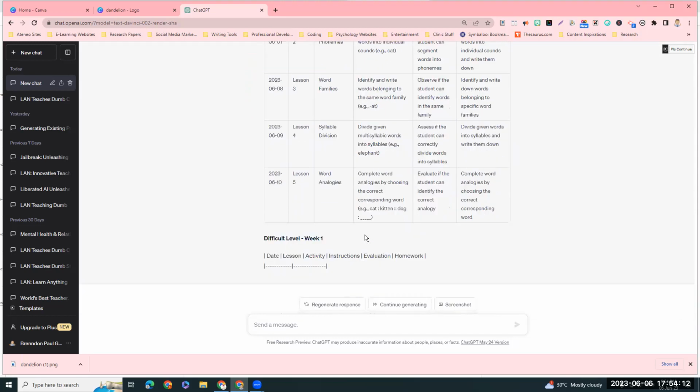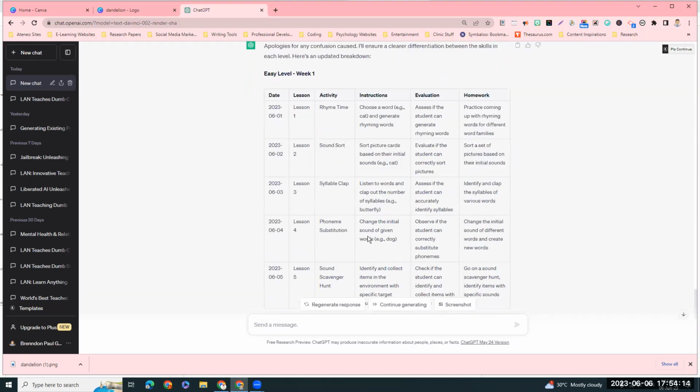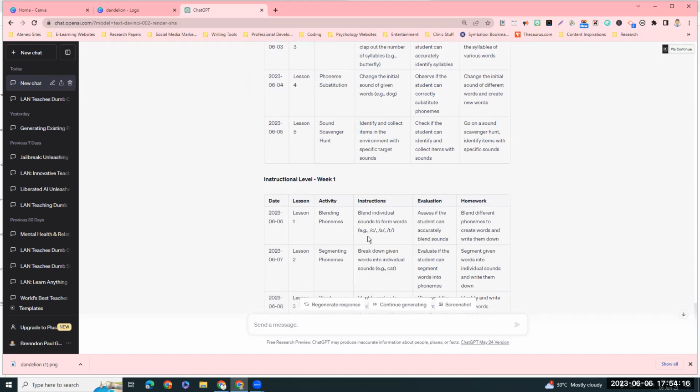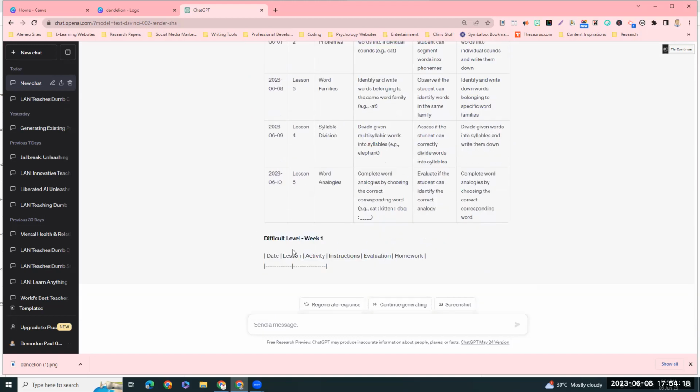Okay, so now it's spewing out the easy level, the instructional level, and it got cut off in the difficult level. This is the reason why I only wanted 5 lessons at a time. When this happens, you can just prompt it to say, continue where you left off, where you got cut off.